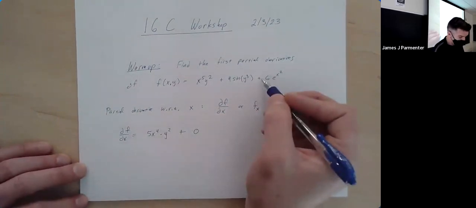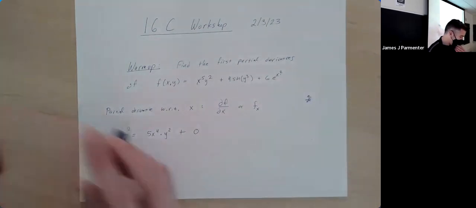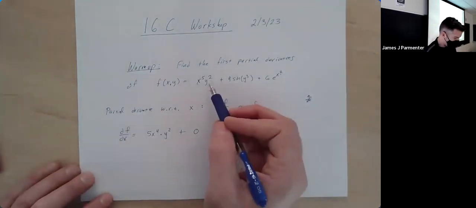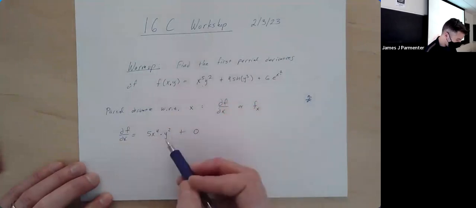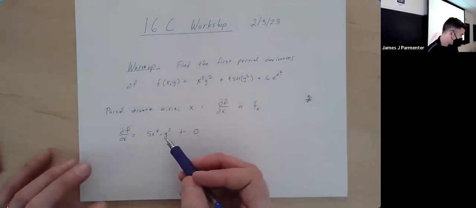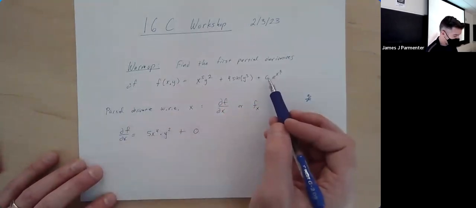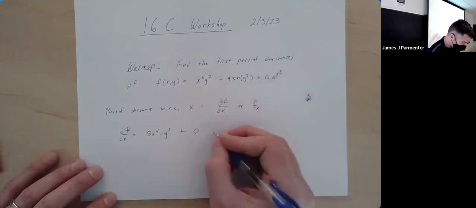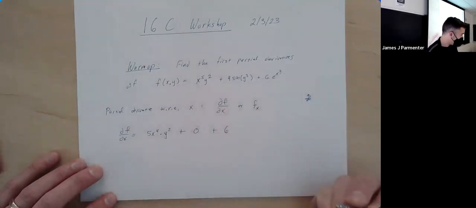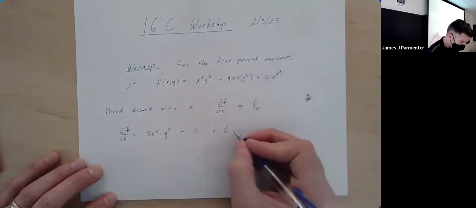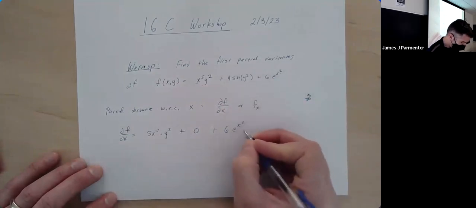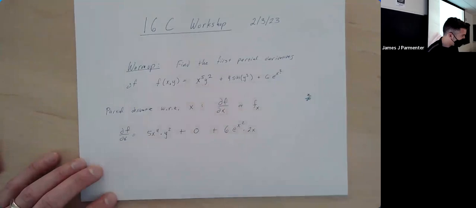Over here, the derivative of 6 e to the x squared. So I want to point out, just like here, when we take the derivative of x to the 5th times y squared, the y squared constant hung out. Here, the derivative of 6 times e to the x squared, the 6 that's a constant is going to hang out. And the derivative of e to the stuff is e to the stuff times the derivative of the stuff.